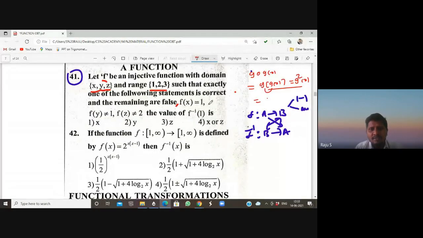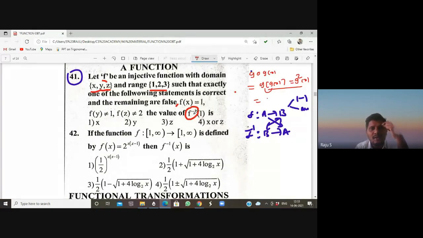F of x is equal to 1, f of y not equal to 1, f of z not equal to 2. The value of f inverse 1. See here, f inverse 1. F inverse 1 exists.